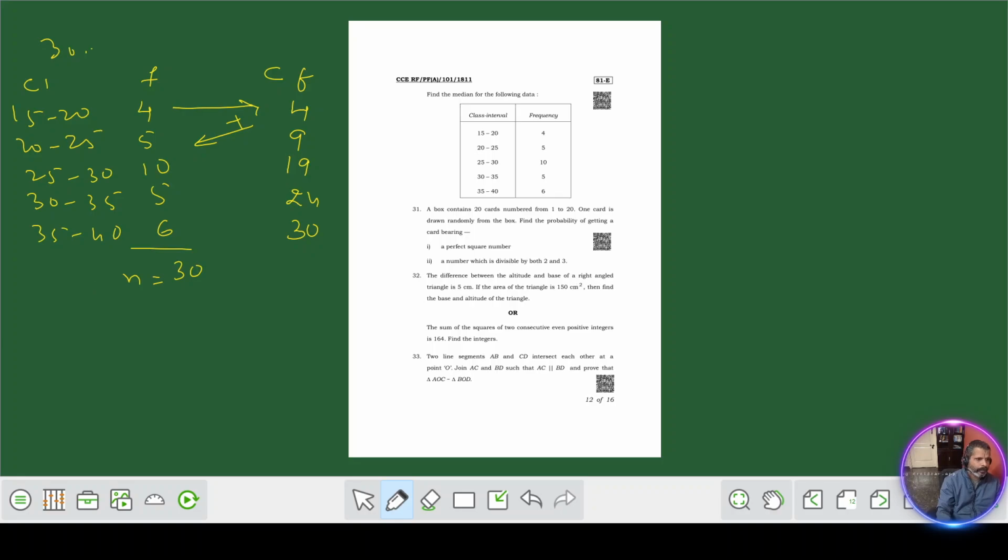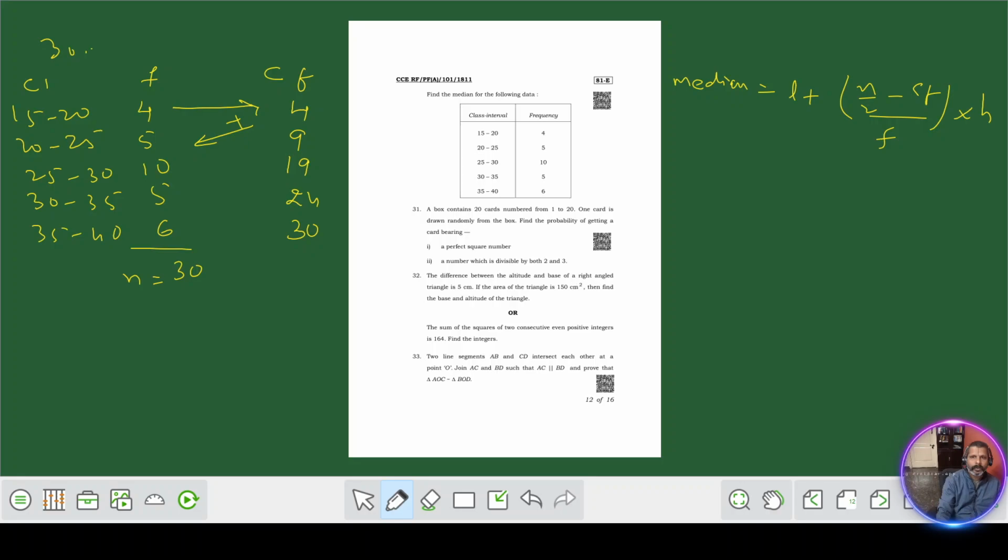Then the formula, I'll write this side. Median is equal to L plus n by 2 minus CF by F into H. Please remember that.